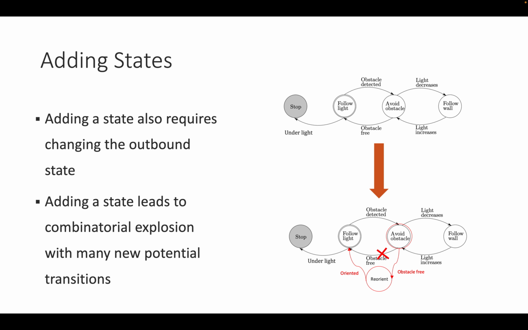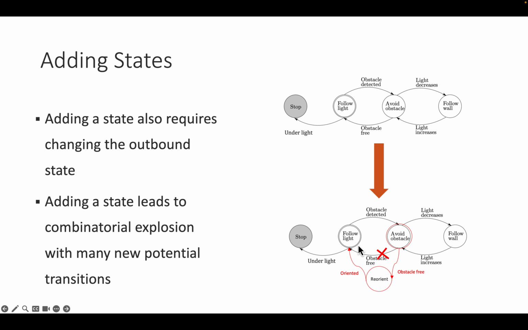This is also the case when you want to add a state, and in this case I made up an example where after avoiding an obstacle, the robot might want to reorient, which is standing still and turning on the spot until it sees the light straight ahead, and then going into the follow light mode.